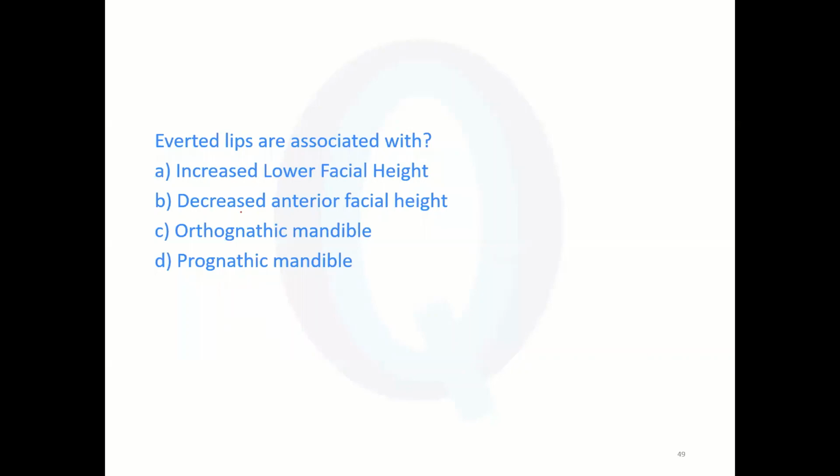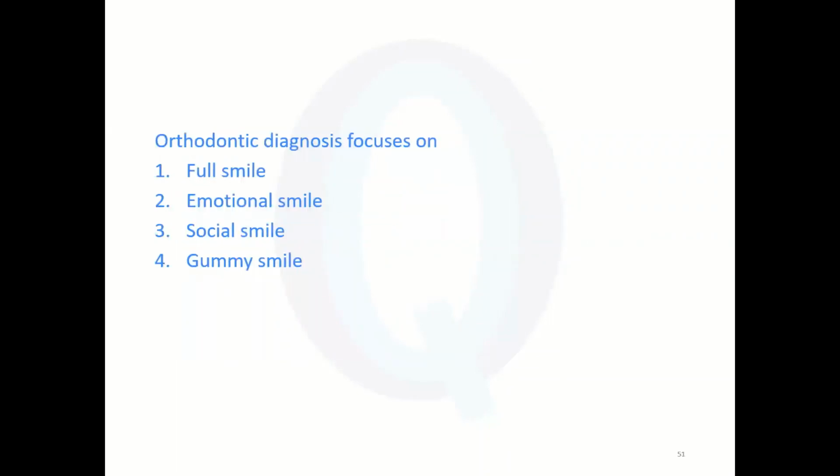It is basically the decreased anterior facial height. Why? Because when the facial height is decreased, lips get very little space. This is why they become everted. So it is related to the decreased anterior facial height. You need to remember this point. It is not orthognathic mandible. Orthognathic mandible is normal mandible. It is associated with decreased anterior facial height.